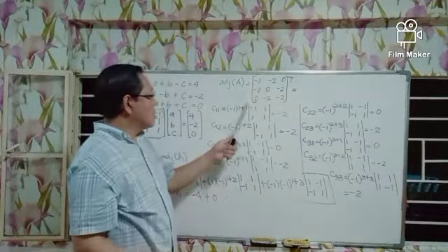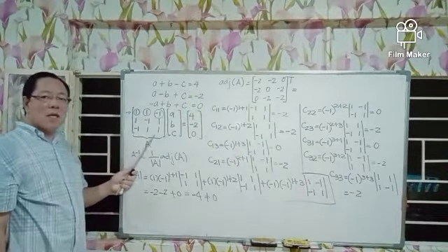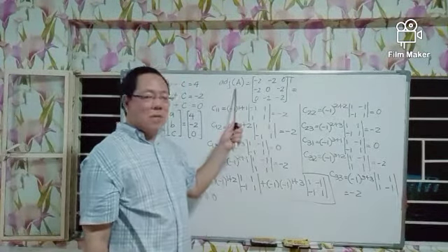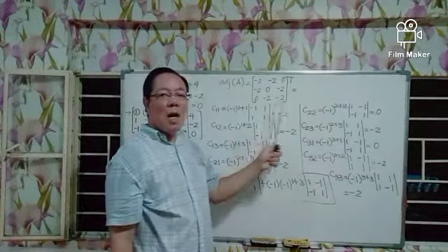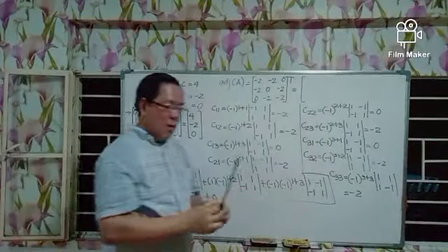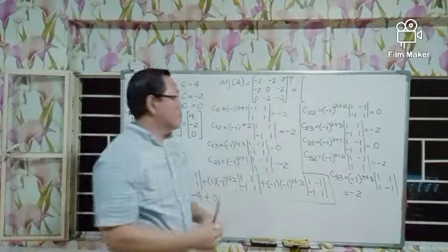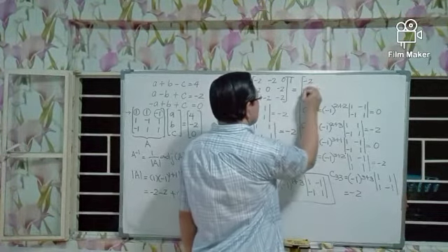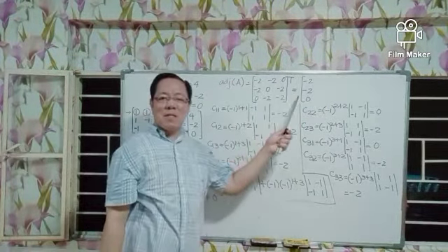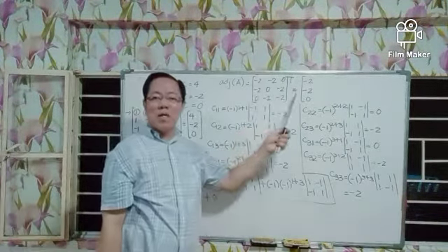And we have this matrix whose entries are the cofactors of the entries of matrix A. We get the transpose of this matrix to get the adjoint of A by writing each row as a column. The first row becomes the first column, negative 2, negative 2, 0. And the second row becomes the second column, the entries are negative 2, 0, negative 2.